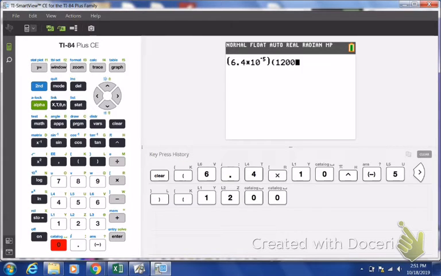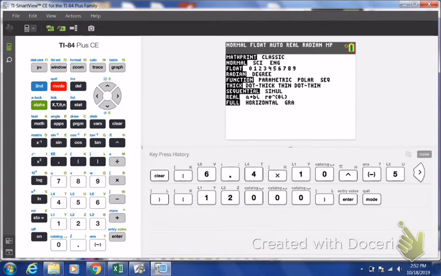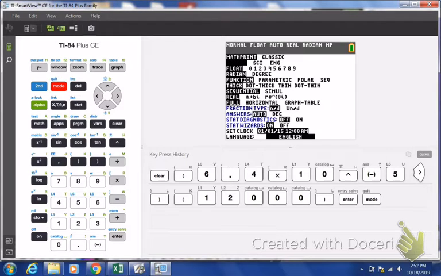The important part of using the calculator is that what you type in the calculator is exactly what was on the paper. And enter. We would see we get 0.768, which is not in scientific notation, and we want it to be in scientific notation. So a little trick on the calculator, we can hit mode, and then you'll see the second line down here is currently flashing on normal.